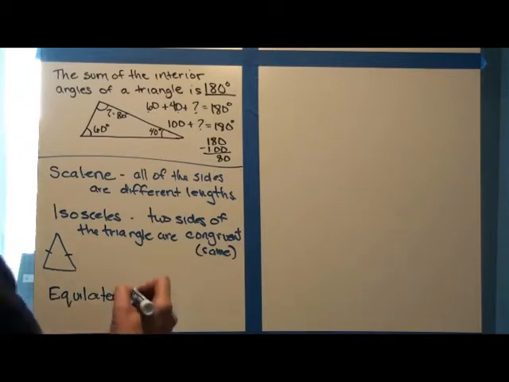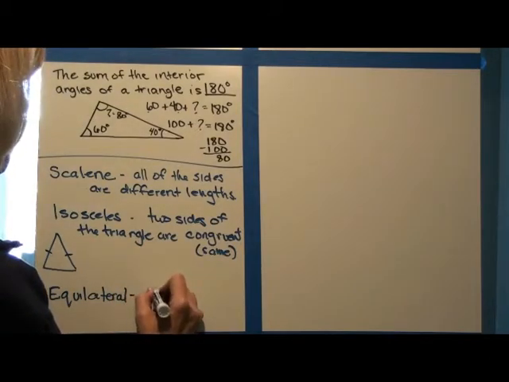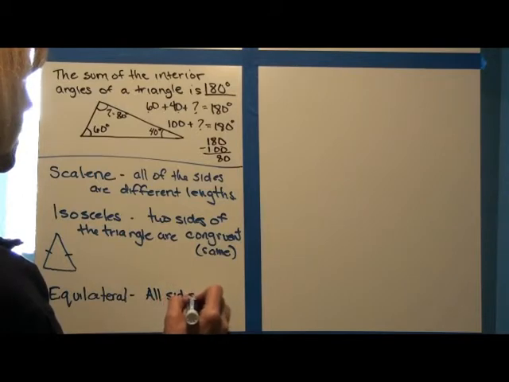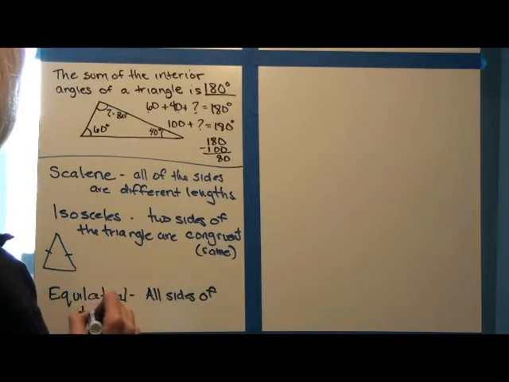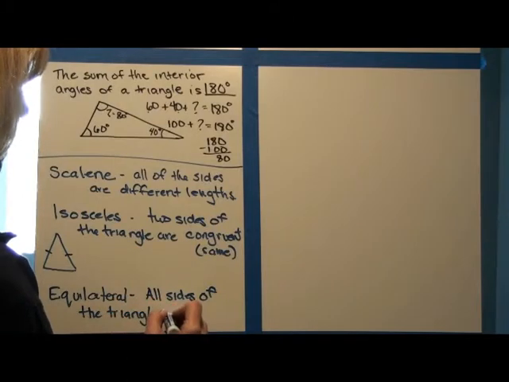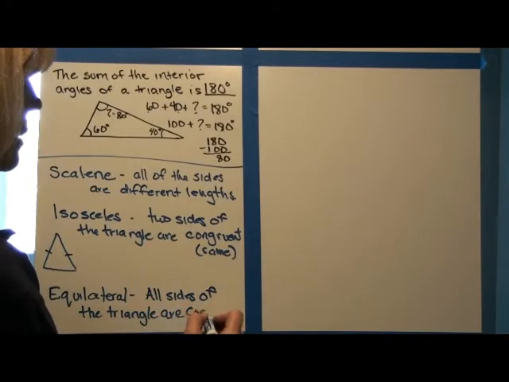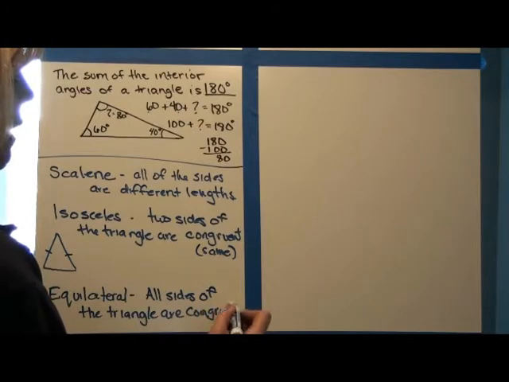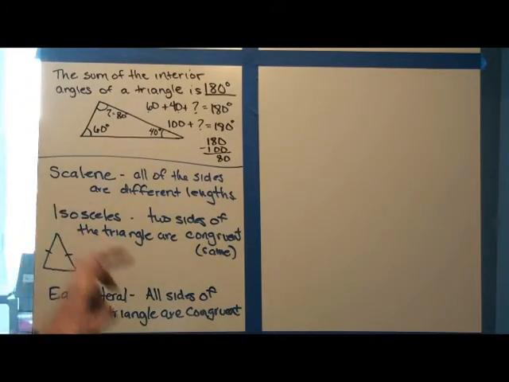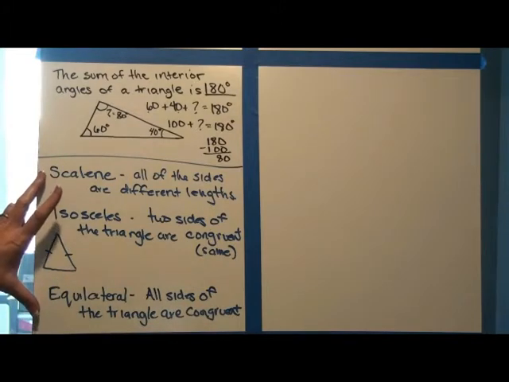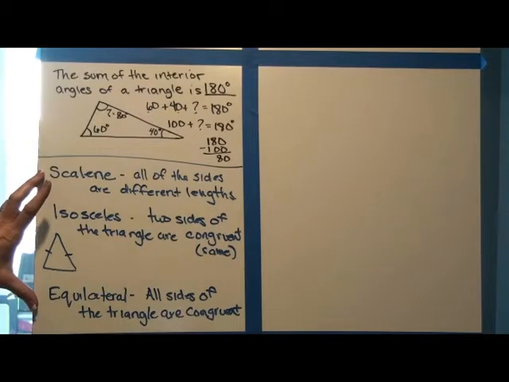So if all sides of the triangle are congruent, you have an equilateral triangle. That would be if they're the same or equal. You have equilateral. That's when you're classifying based on the sides of the triangles.